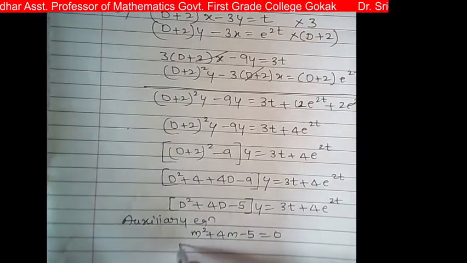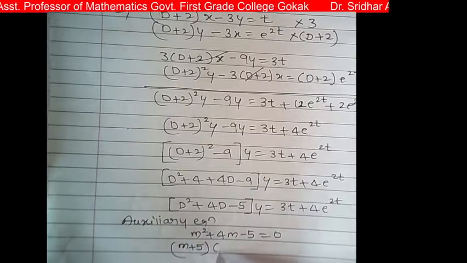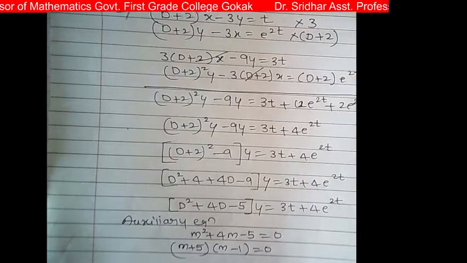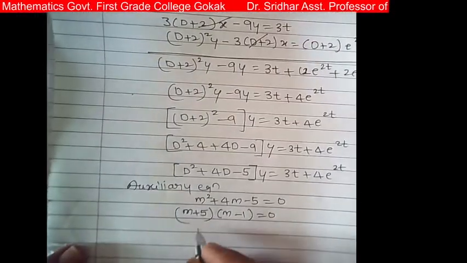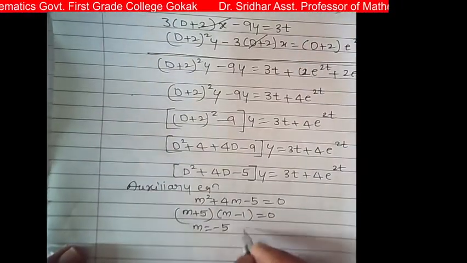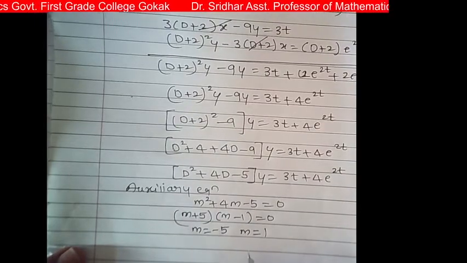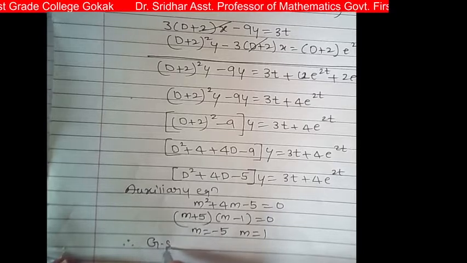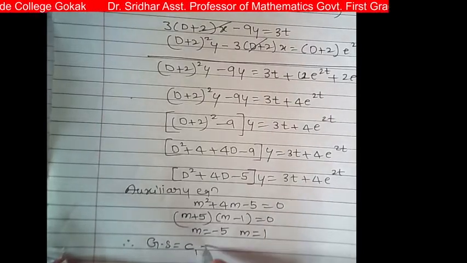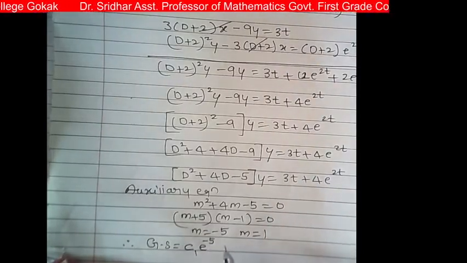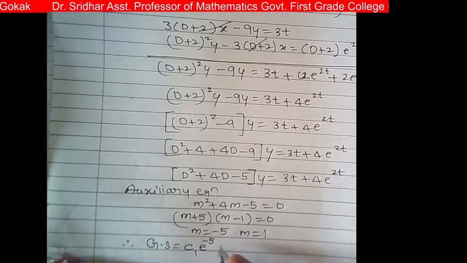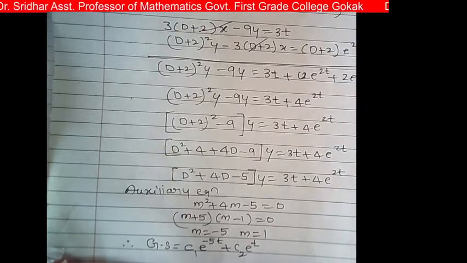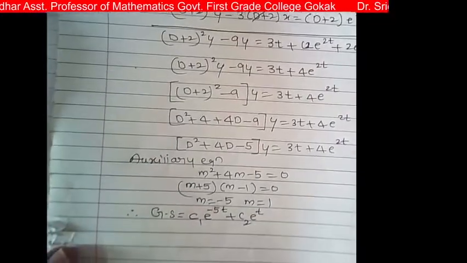We will get (m plus 5) into (m minus 1) equal to 0, or m is equal to minus 5 and m is equal to plus 1. So therefore the general solution is c1 e raised to minus 5t plus c2 e raised to t. So this is the general solution we obtain.